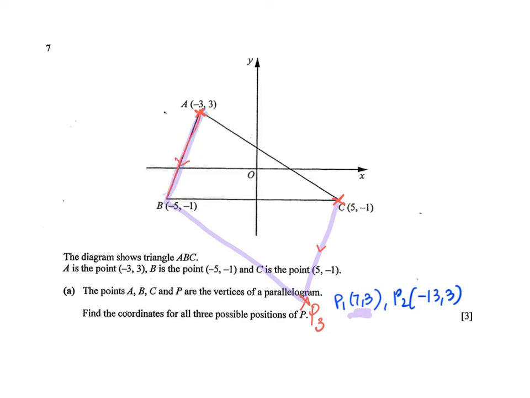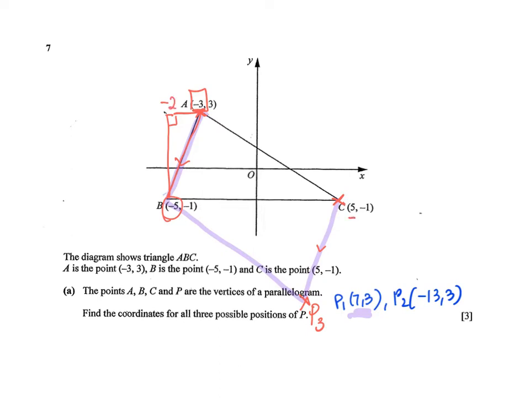So with point A to point B, let's look at our coordinates. First one, the x coordinate. How many units do I move in order to get from -3 to -5? If I want to move from -3 to -5, I need to subtract 2 units, isn't it?